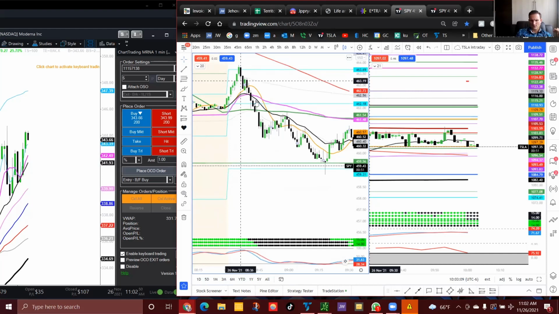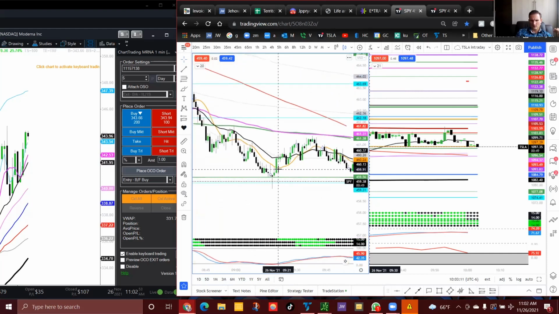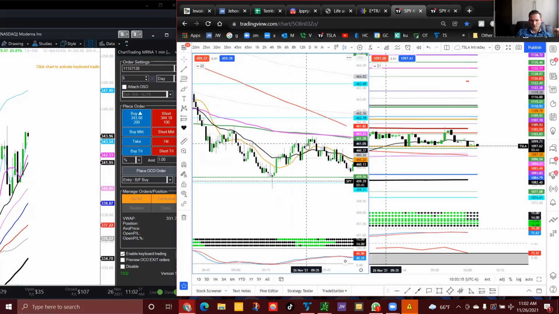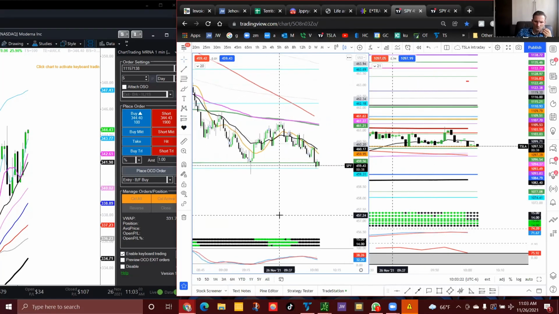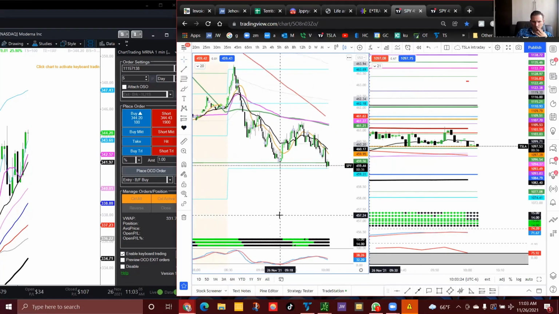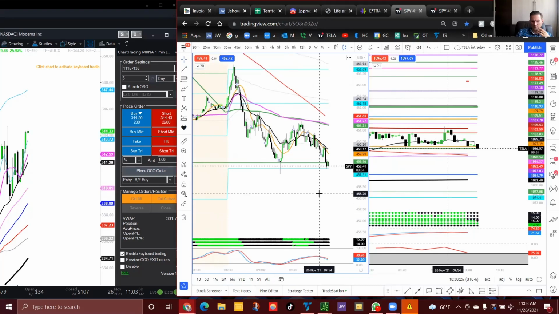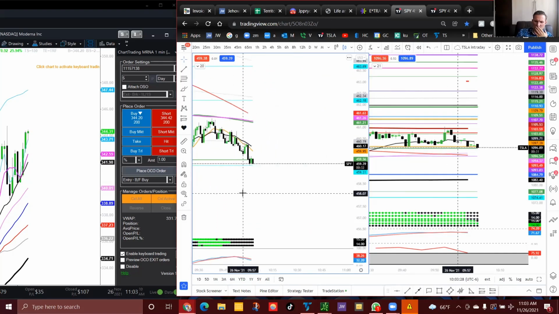And let's see, we got our first green dot here, green, green, green, green, green, and then black, black, black, black, black. So anyway, cool little trend indicator there. Again, it'll be in the course.